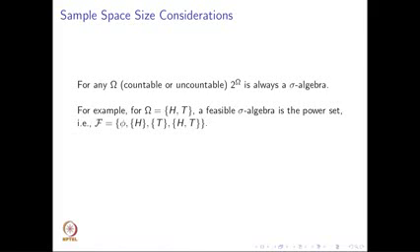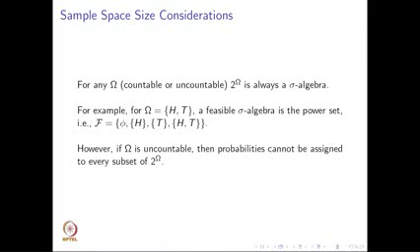This is not the only feasible sigma algebra, as we have seen in the previous example, but the power set will always give you a feasible sigma algebra. However, if omega is uncountable, then probabilities cannot be assigned to every subset of the power set. This is the crucial point, which is why we need the concept of sigma algebras.